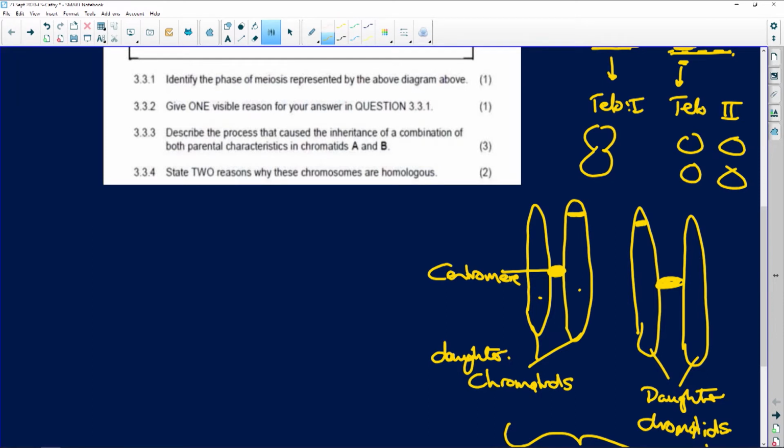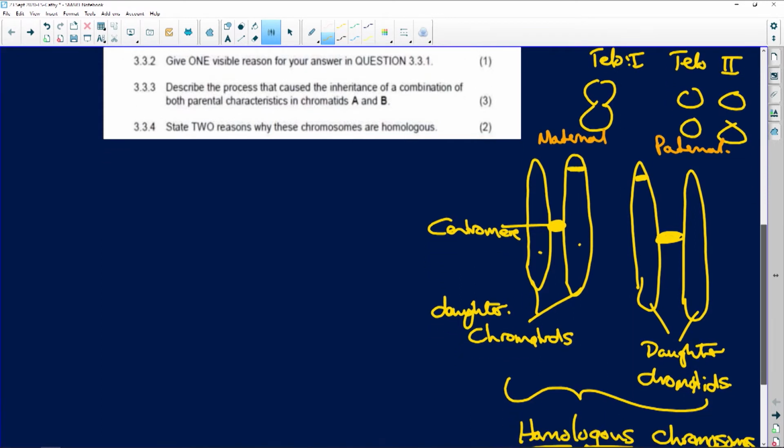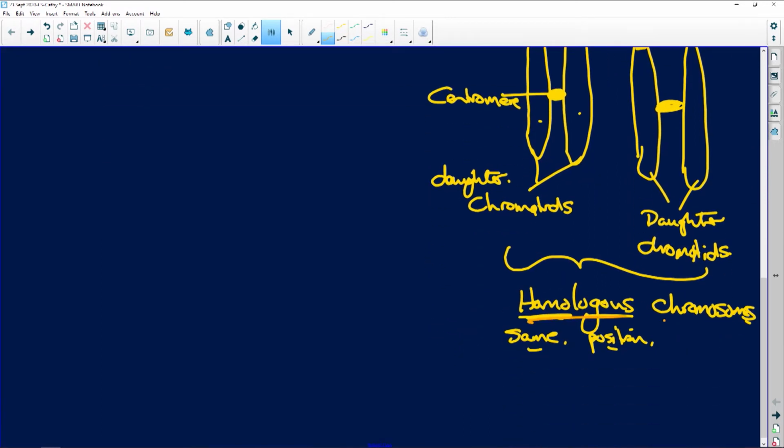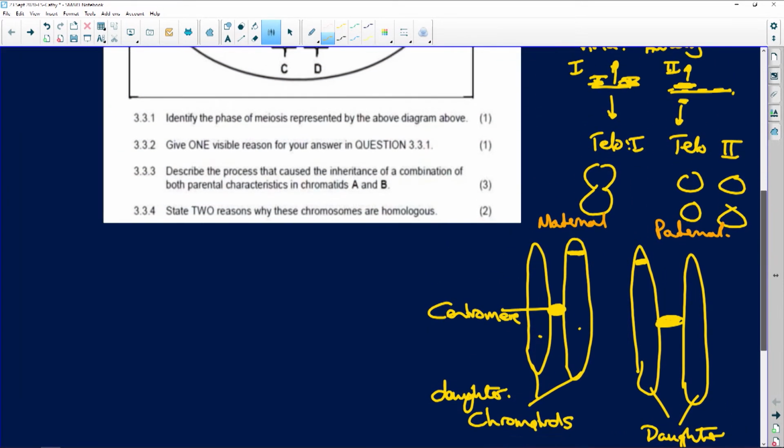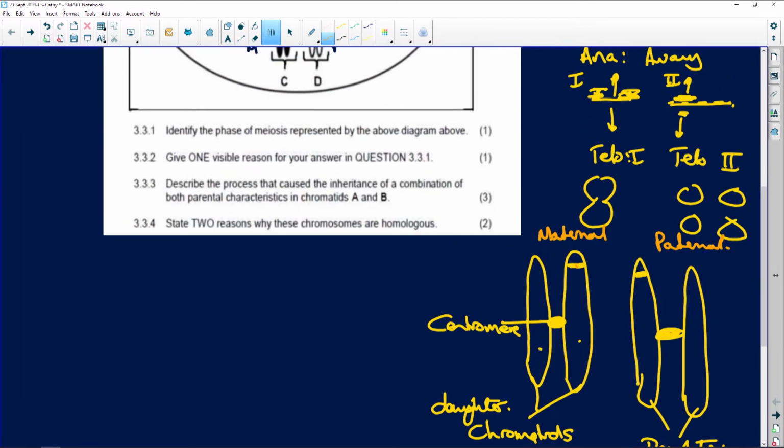So this will be the maternal, and this one will be the paternal chromosome. And the 2 together make up your homologous chromosomes. So they carry the same genetic information for the same characteristics.